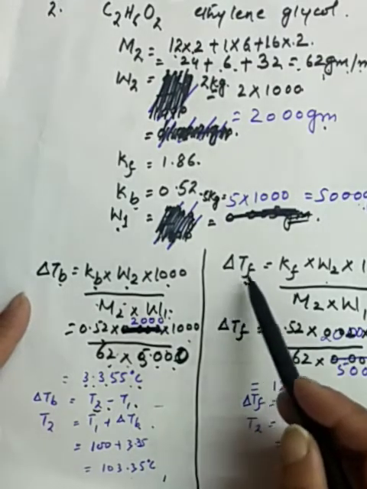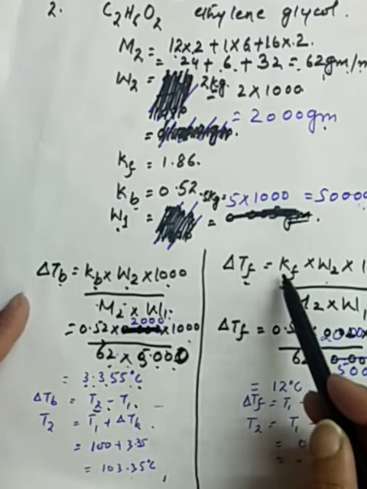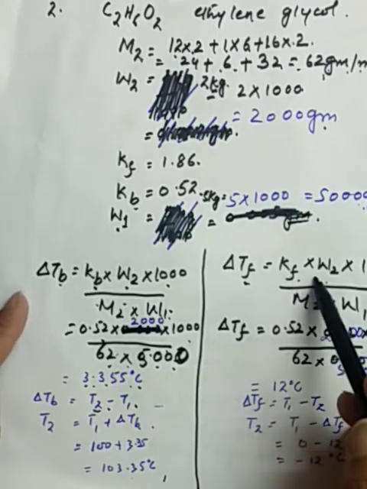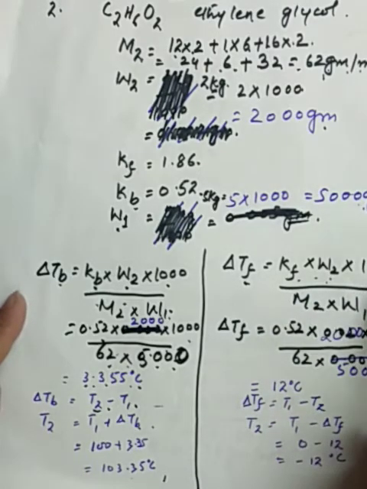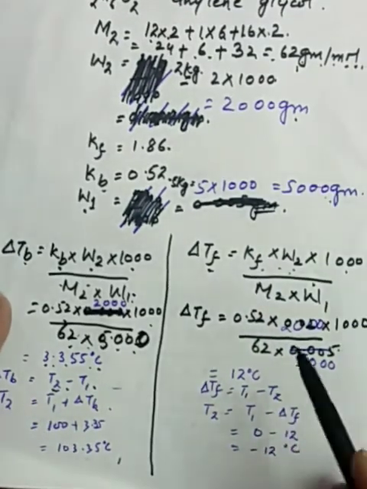When we want to calculate the delta Tf, the formula used is Kf multiplied by W2 multiplied by 1000 divided by M2 multiplied by W1.